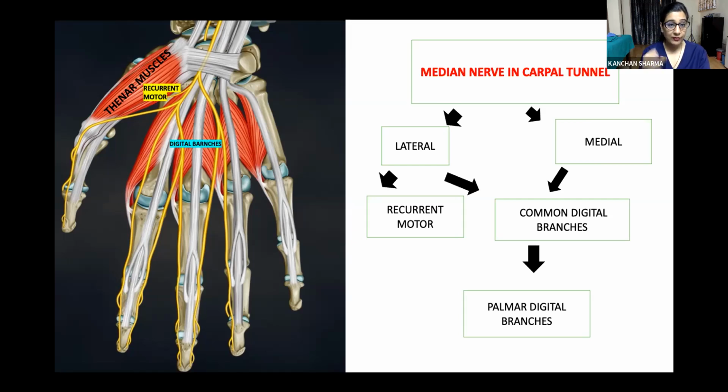You will be looking for the sensation in the 3.5 fingers, and then you will be looking at the innervation of the muscles on the thenar aspect. Just remember that these muscles do the abduction, flexion, and help us approximate the thumb with the little finger. If you remember these three things, it's more than sufficient.